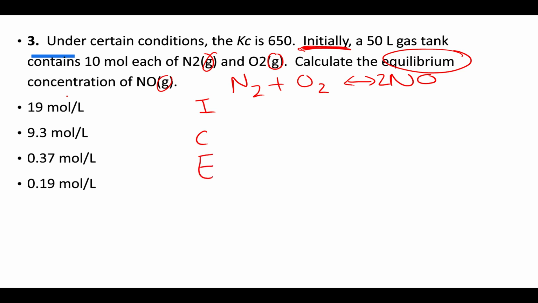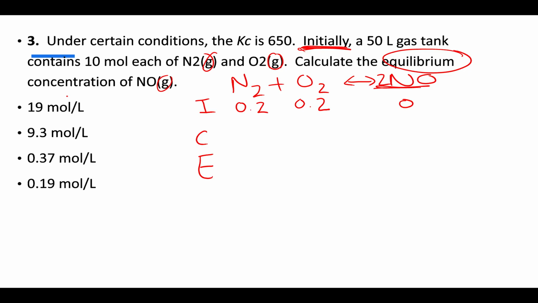Initially, there are 10 moles of N2 and O2 in the system, and your initial row is all about concentrations, so you take 10 and divide it by 50, and you get 0.2 moles per liter for each of these. Unless it tells you otherwise, you can assume products are 0 initially. Then your change is all based on the mole ratio.